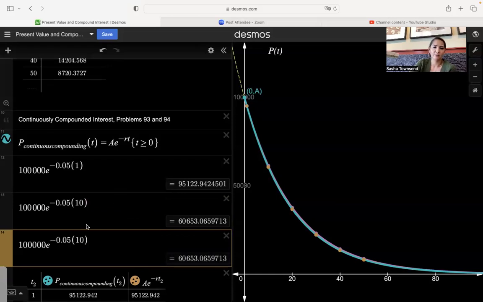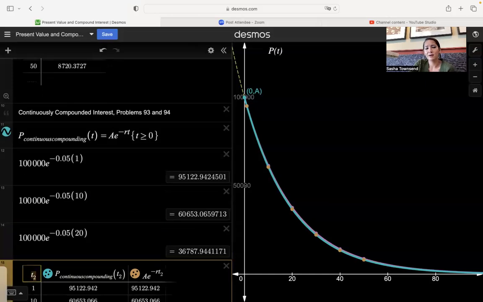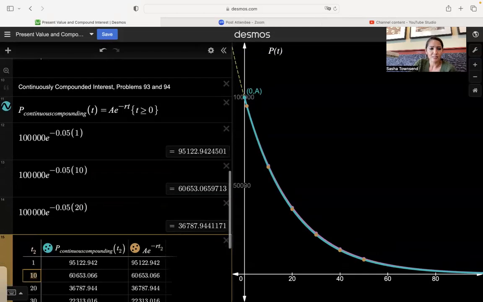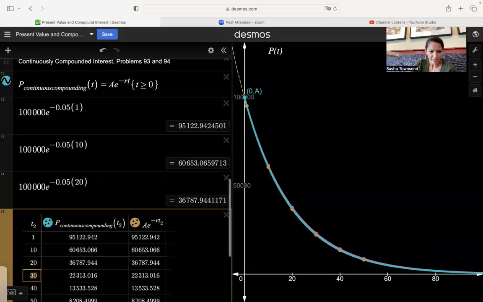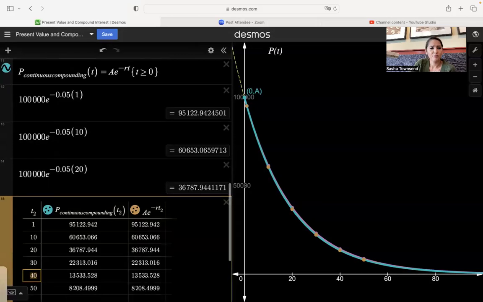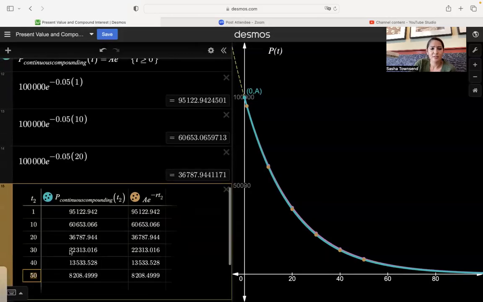Then if we're interested in how much we have to deposit now to have $100,000 20 years from now, just substitute 20. And it looks like you only have to deposit $36,787.94. And then if you substitute 30, 40, and 50, the amounts that you need to deposit are 22,000 approximately, 13,500 approximately, and only 8,000.